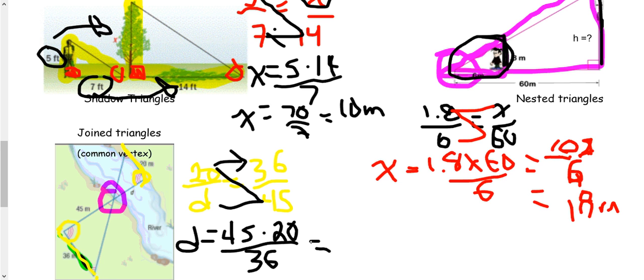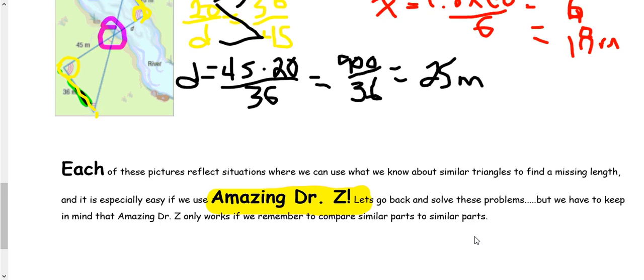So that gives us 900 divide by 36, and that's going to be 25 meters. There you go. So in each case, you're just setting up corresponding sides to corresponding sides. Amazing Dr. Z. Super easy.